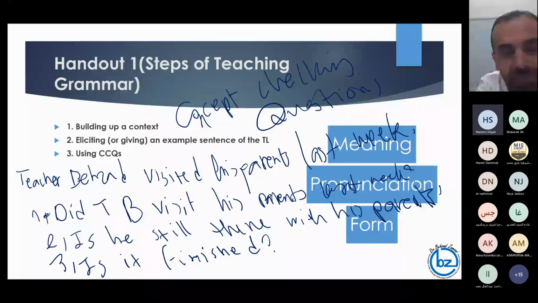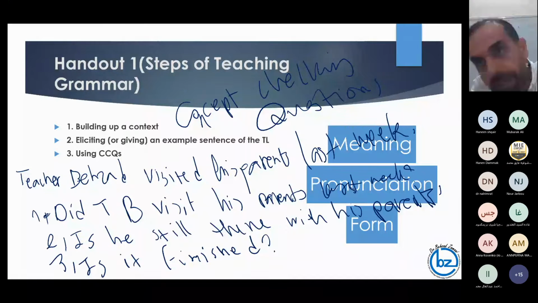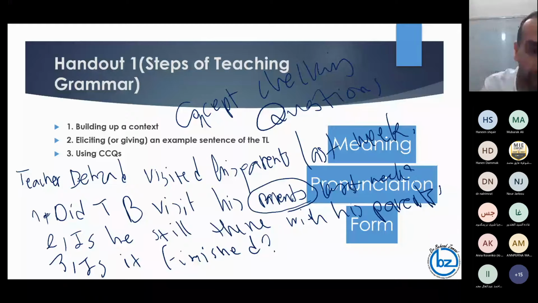Can we say, as an example of concept questions, for example, "Did Dr. Behzad or teacher Behzad visit his dad and mom?" Dad and mom, yes. But because the focus is not on the word parents, the focus is on the word visit, when you use it for the time.